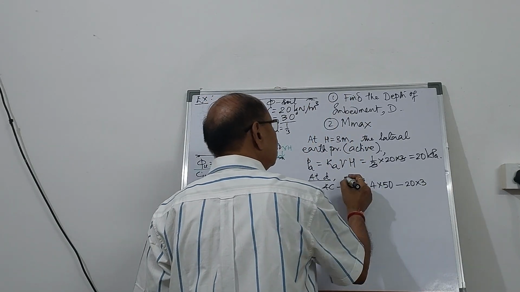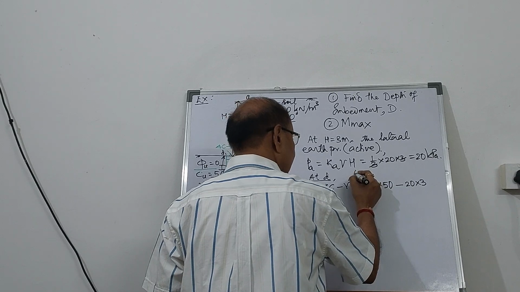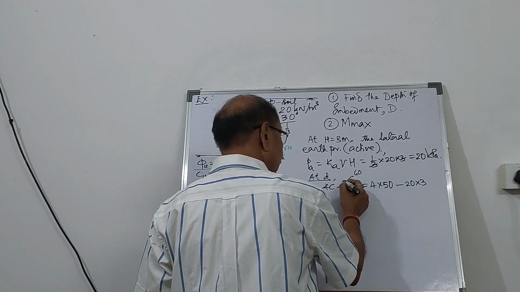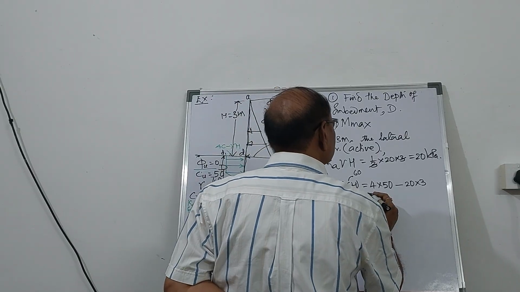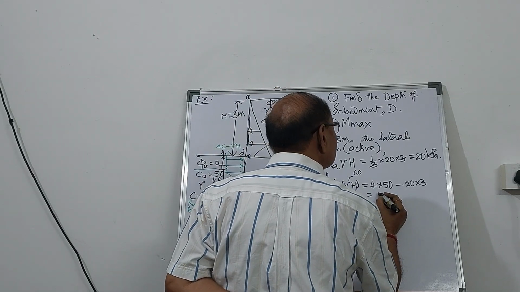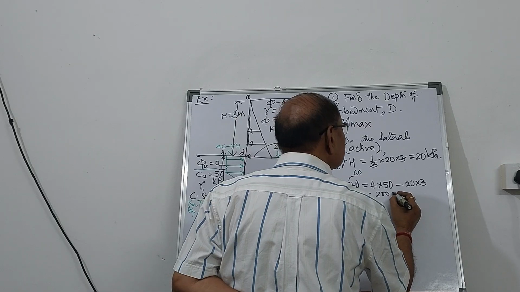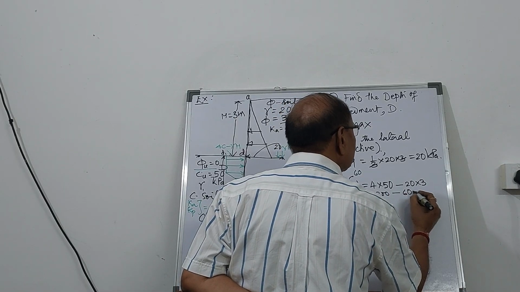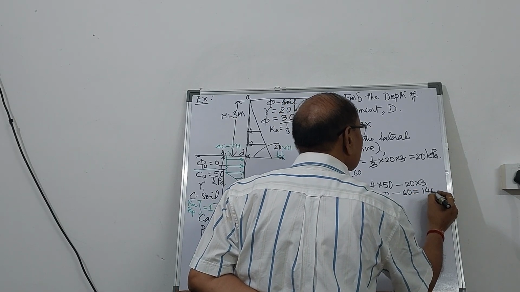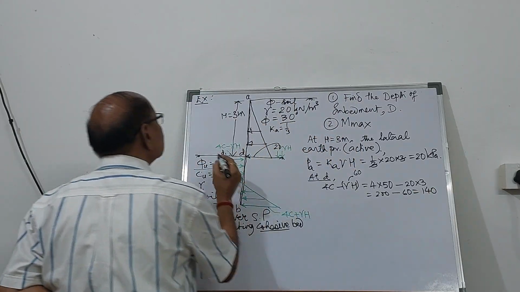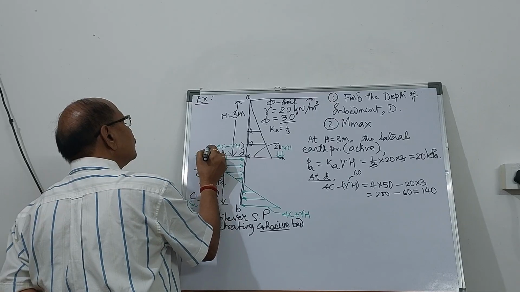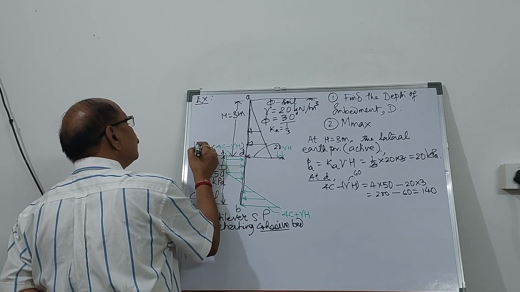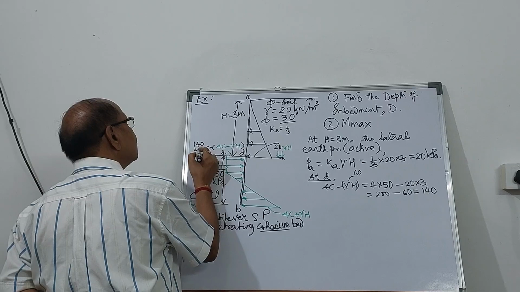So gamma H value is going to be 60. So this becomes equal to 200 minus 60, that is 140. So this value is going to be 140 kilopascal.